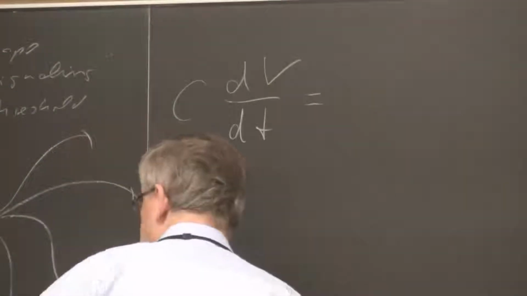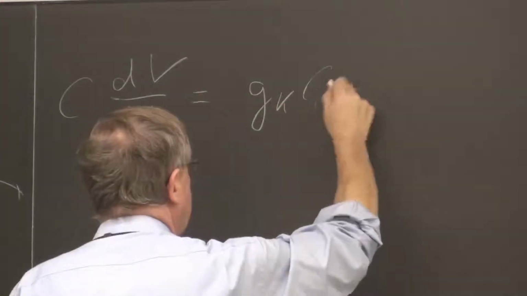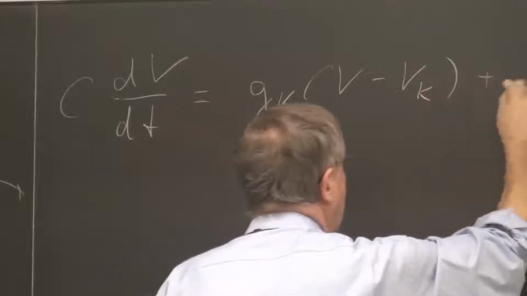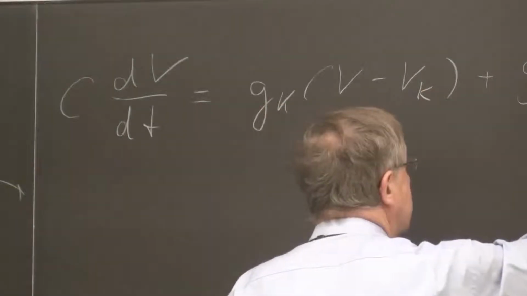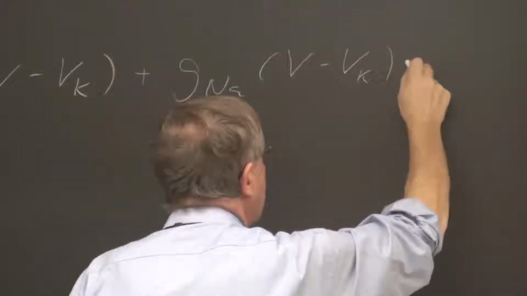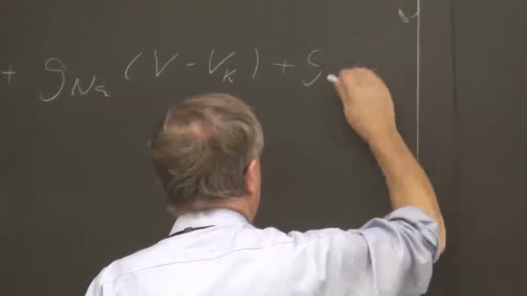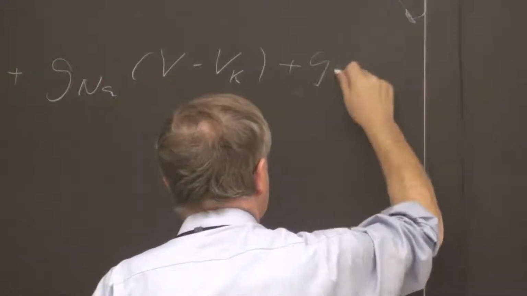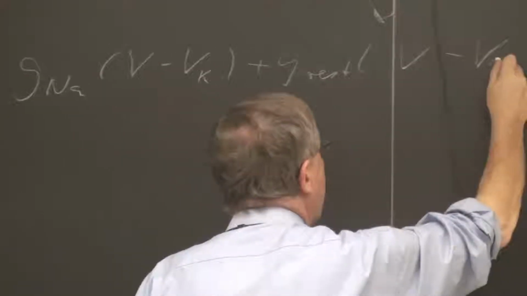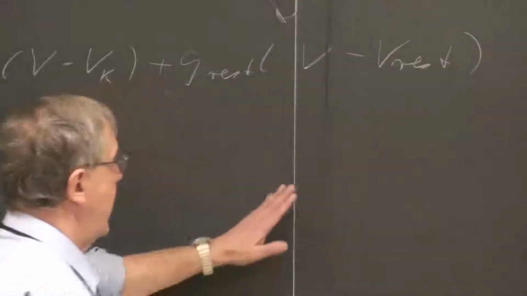is equal to, and now we are getting 3 elements of currents. The last one, okay, let me write it here. And I told you already that this one is sort of the boring part.